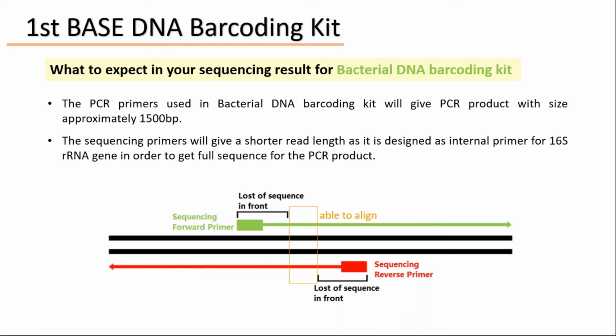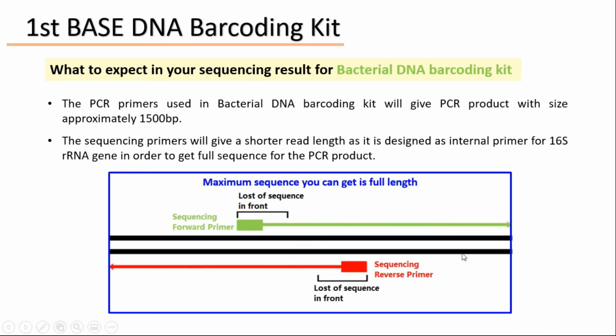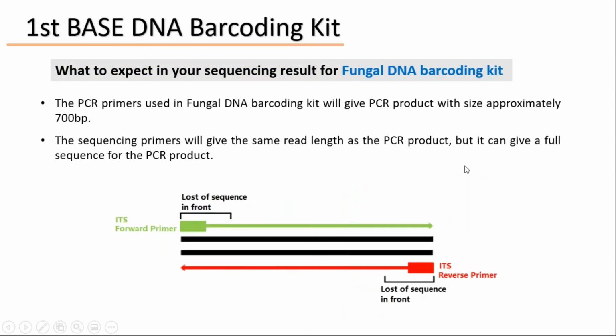But anyhow, the lost sequence at the front part of the sequencing result is covered by the opposite side of the reaction, which is like this. So in this picture, it's clearly shown that you will get the full length of your PCR product from the sequencing result. And how about the fungal DNA barcoding kit?